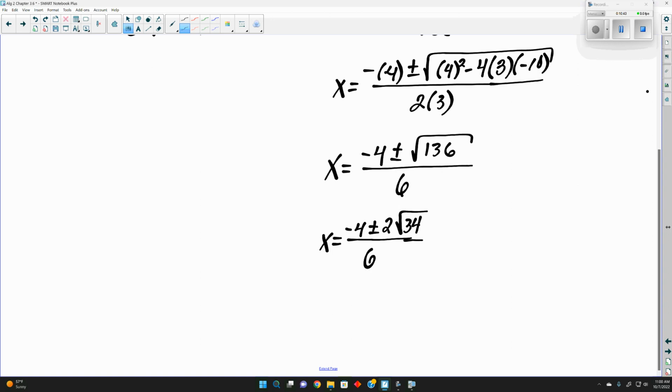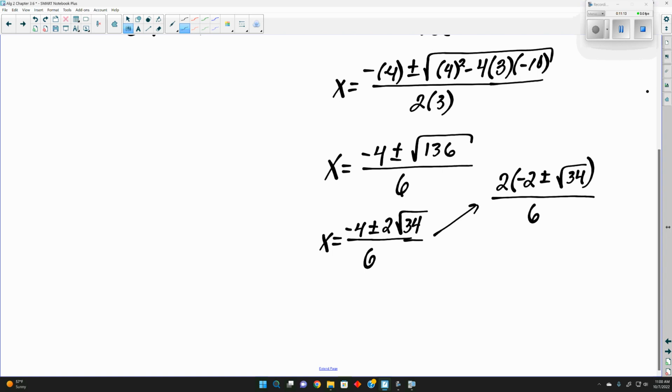Is there a common factor between 4, 2, and 6? 2, yes? Now there's two ways we can go about this. One method is I take a factor of 2 out of the numerator. I factor it out. So we would have 2 parentheses, because 2 factored out of -4 is -2. 2 factored out of 2 square root of 34 is just going to be the square root of 34 over 6.